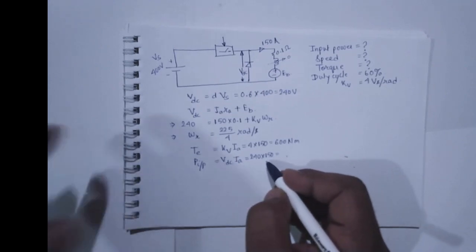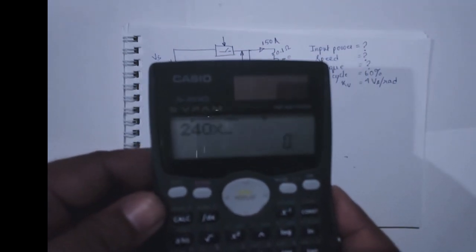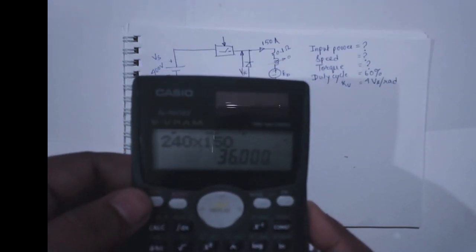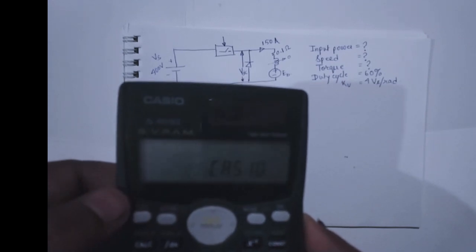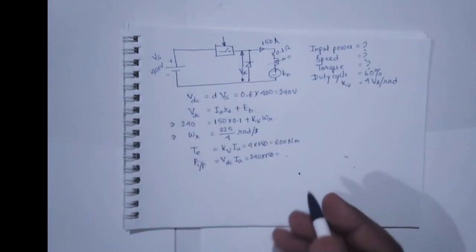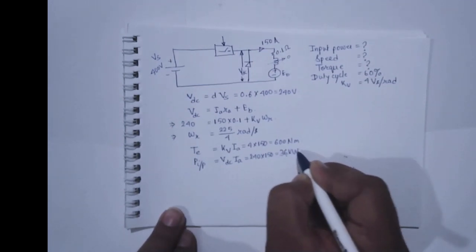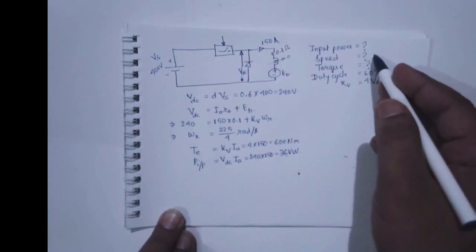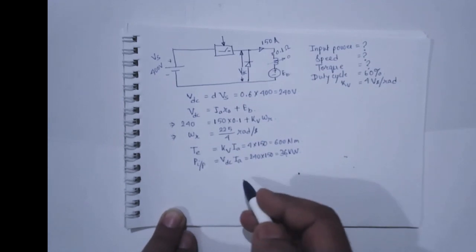So this is equal to 240 into 150, that is 36000, that is 36 kilowatt. So we have got these three results. Now we will move to our next step.